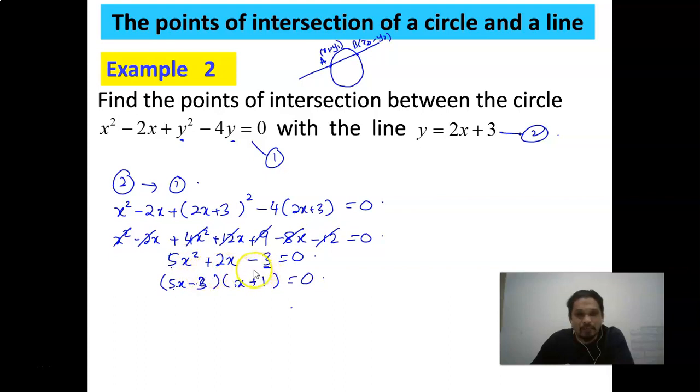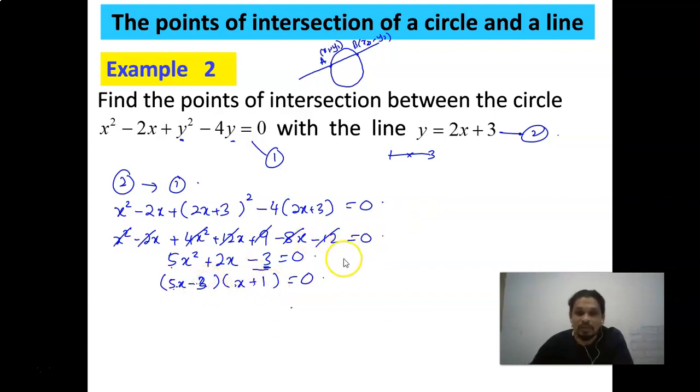For this negative 3, we also only have one choice of product of roots, which is 1 multiplied with 3, either negative 1 or negative 3. So we have to play trial and error with 5x, then with negative 3 times 1, or maybe 3 times negative 1. You may test by yourself.